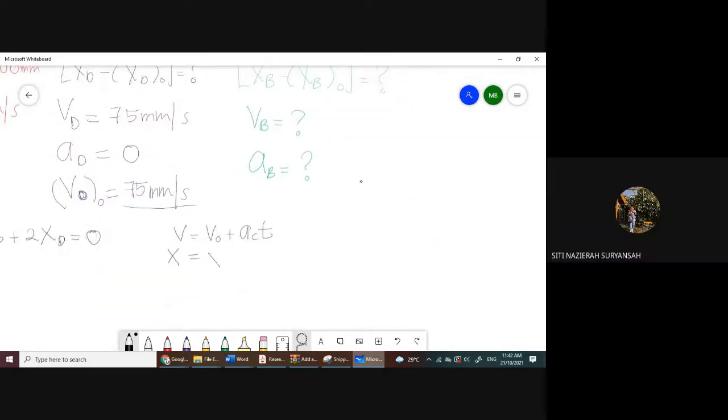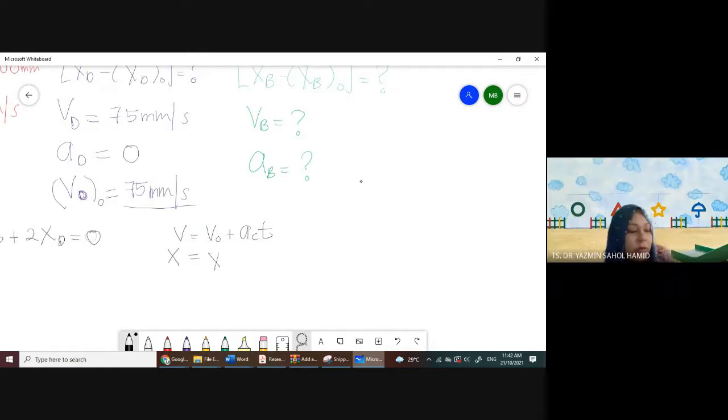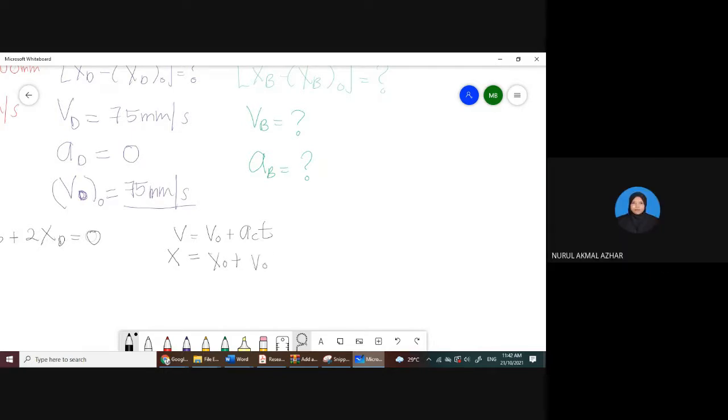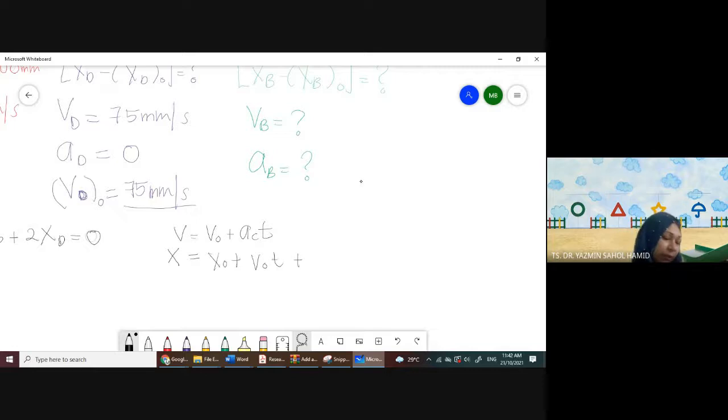So X equals X naught plus V naught T plus 1 over 2 a t squared. And the last one is V squared equals V naught squared plus 2a times X minus X naught.